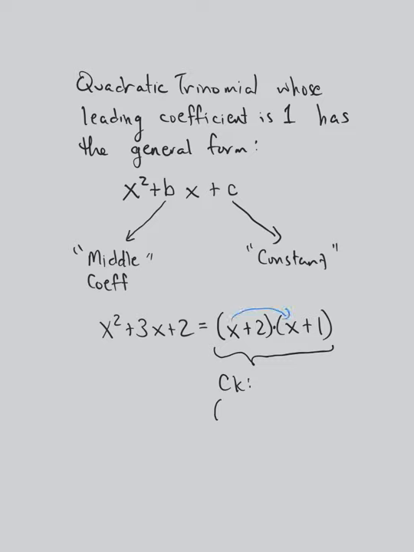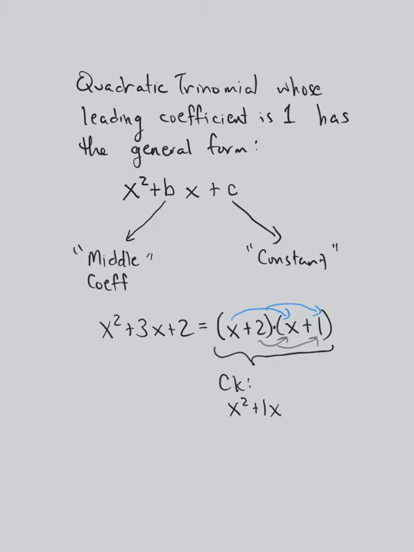First, I would distribute the x, and then I would distribute the 2. In fact, some people call that foiling. I don't really like the word foil because it's just distribution. But anyway, when I distribute the x, I'm going to get x times x, which is x squared. And then I'm going to get x times 1, that's plus 1x.